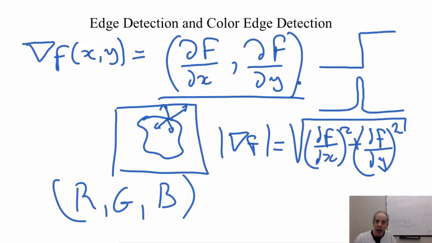Or you could say, I want them to change at the same time. In which one of the directions do I have the biggest change as a vector? At the same time, red, green, and blue, when I basically accumulate the change, is the maximal possible change. And that concept also exists, the concept of the gradient of vectorial images. It's not very hard to compute, but we're going to skip that for now.